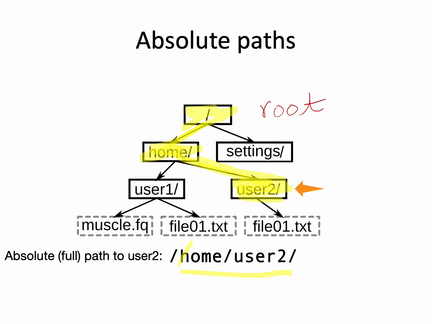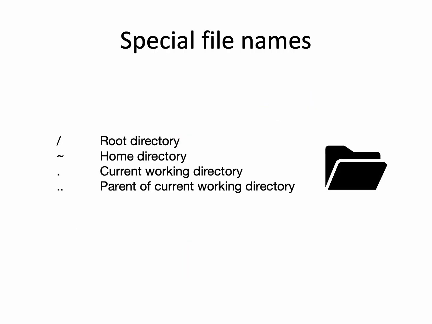Because if you are somewhere else, then this would always let you access this. So this is what's called an absolute path. This is going to be useful when you're navigating throughout your files. You might want to use relative paths to get somewhere relative to where you are, or you might just want to take the direct route to a certain file.